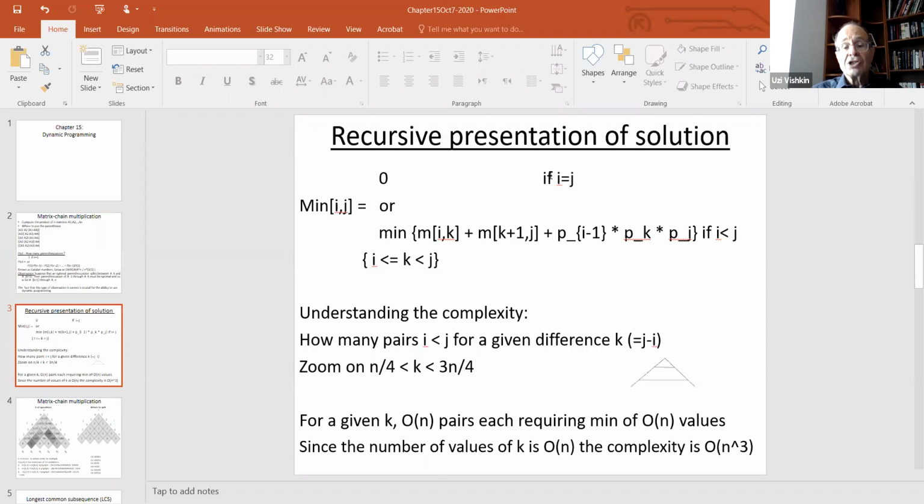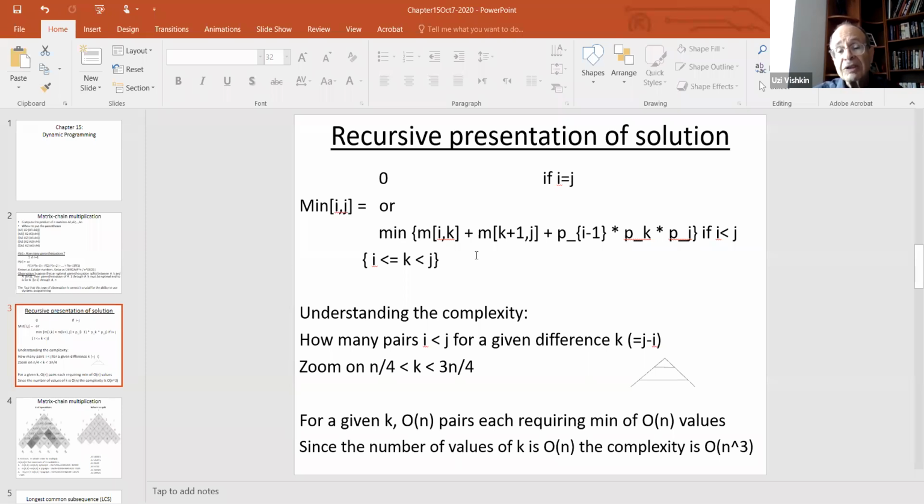Okay. So if I'm looking for the best way to multiply the matrices in this interval, AI up to AJ, what will be the correct recursion to think about it?